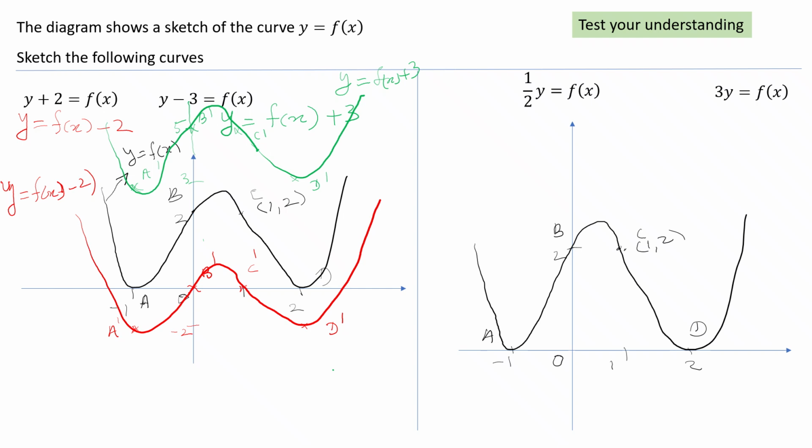Now next one, half y equals f(x). So we need to rearrange this equation. So y equals multiplied by 2, so 2f(x). So the y coordinate is multiplied by 2. So the point A, y coordinate is 0, so it still remains the same. So A dash. Point B, y coordinate is 2, so it's going to be 4.